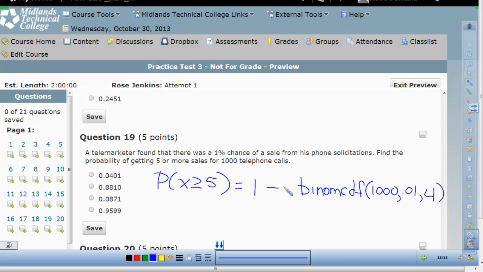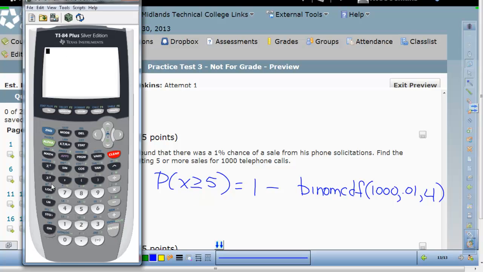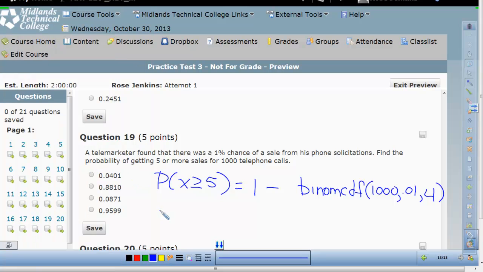This is what I don't want. So we have 1 minus the part that we don't want. That's going to leave us with this piece. So let's do 1 minus binom CDF, 1,000, 0.01, and 4. And so I got 0.9713, which, you know, the closest thing to that is 0.9599.